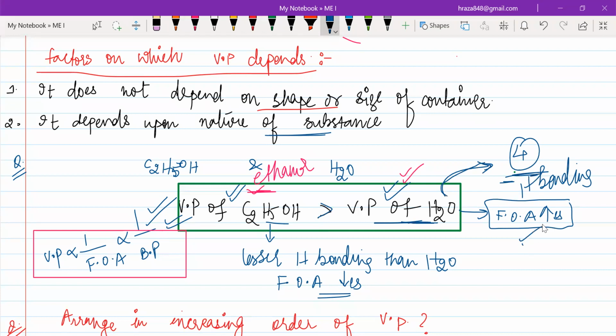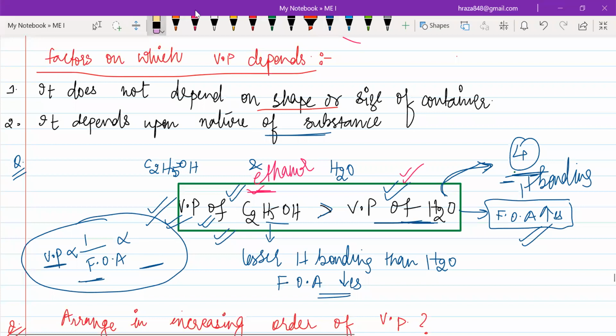That means more force of attraction, and in ethanol less hydrogen bonding. That means force of attraction is lesser, so it will be easily converted into vapor. So vapor pressure is inversely proportional to force of attraction, or you can say vapor pressure is inversely proportional to boiling point. Please do write this.